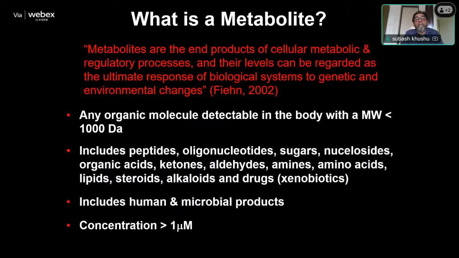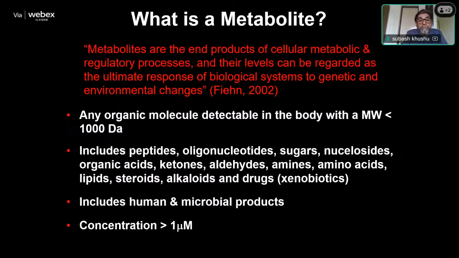So what are metabolites? Metabolites are the end products of cellular metabolic and regulatory processes, and their levels can be regarded as the ultimate response of our biological system to genetic and environmental changes. Any organic molecules detectable in the body with a molecular weight of less than 1,000 Dalton, we categorize as metabolites, which includes peptides, oligonucleotides, sugars, organic acids, ketones, aldehydes, amines, so many varieties of chemicals present in our body.